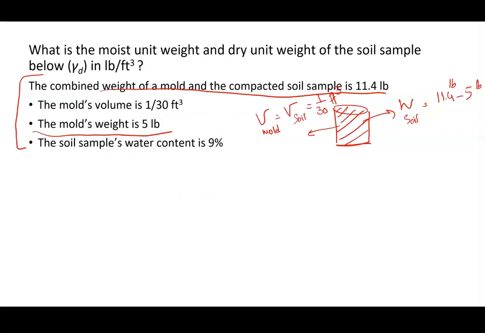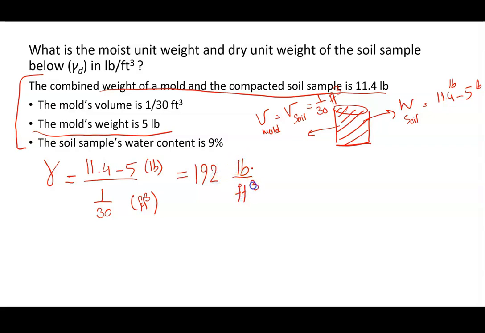So we can calculate moist unit weight as weight of compacted soil divided by volume of compacted soil. This is in pound, this is in cubic feet. Our moist unit weight is 192 pounds per cubic feet.